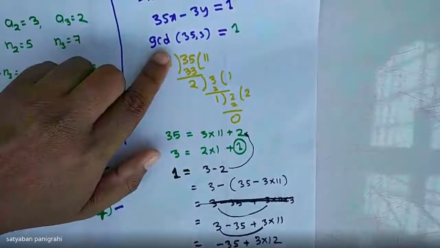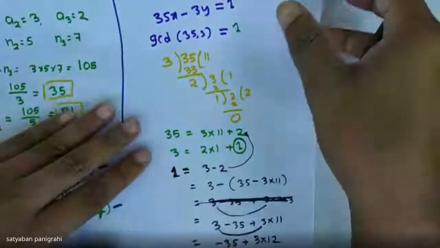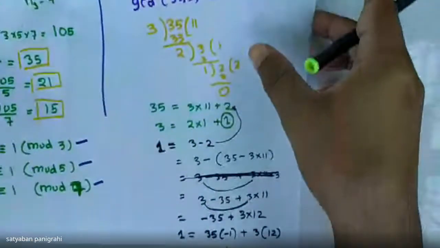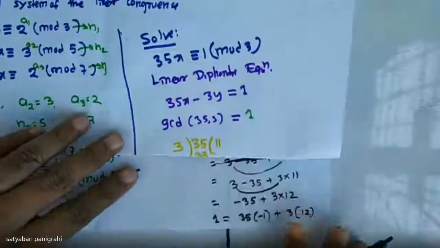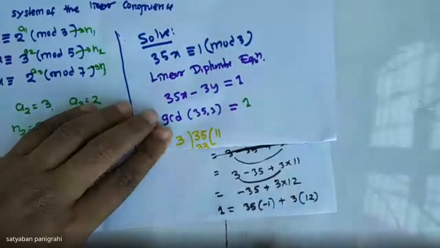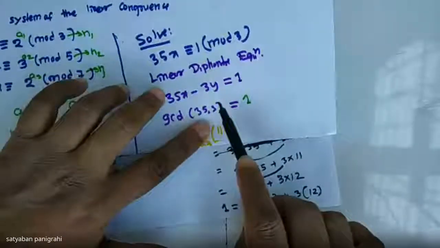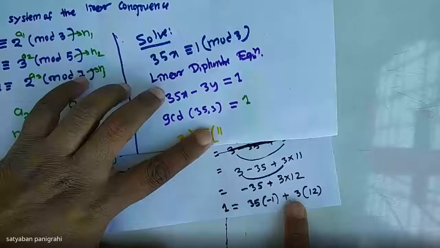You have to solve for 35x minus 3y equals 1.